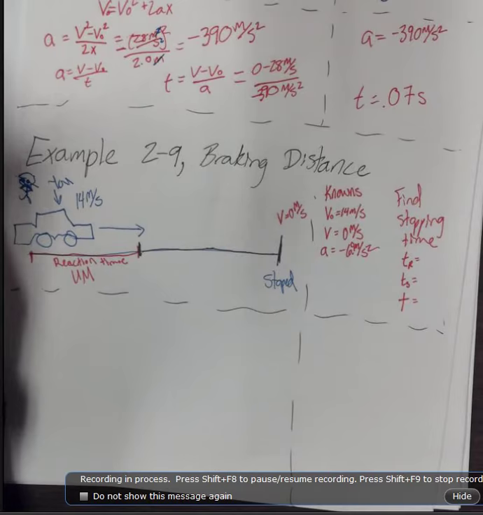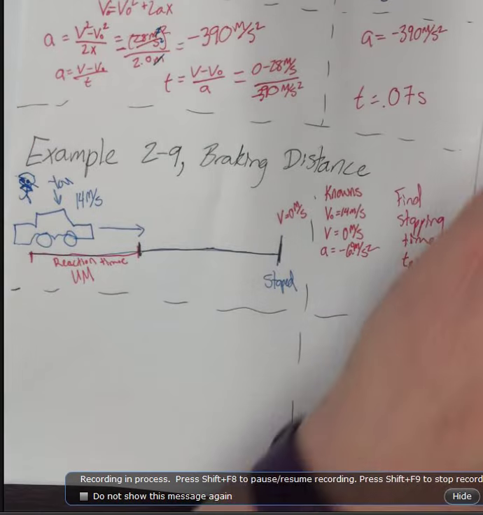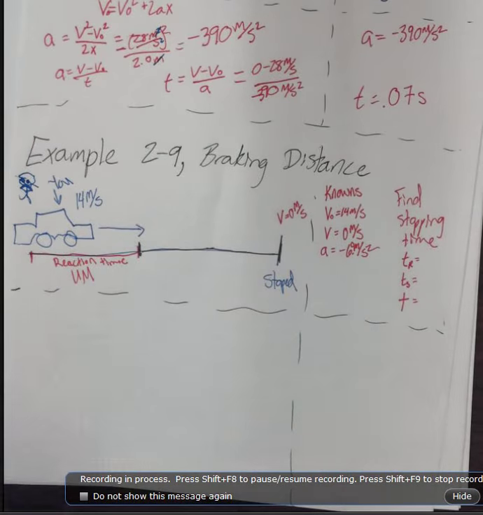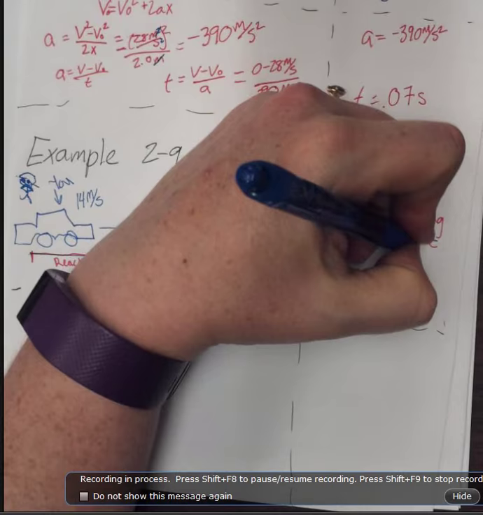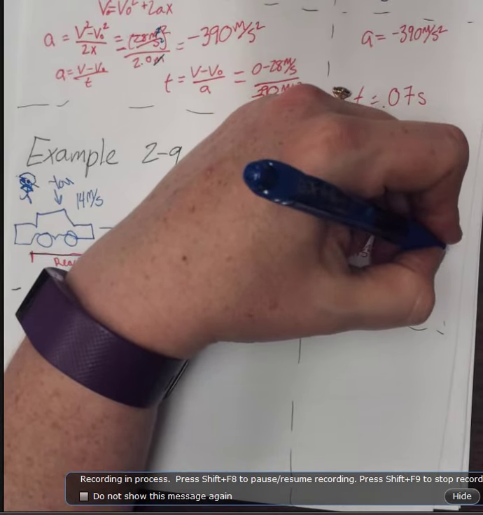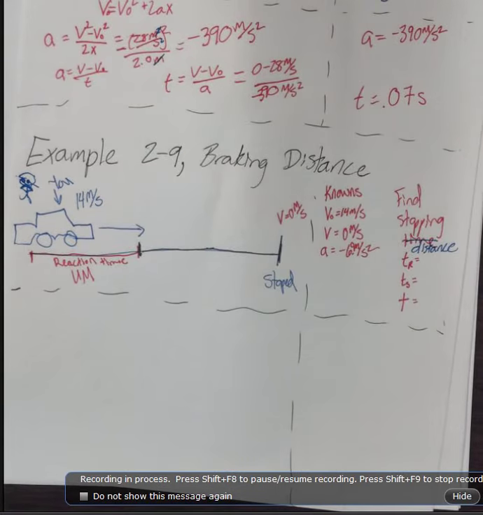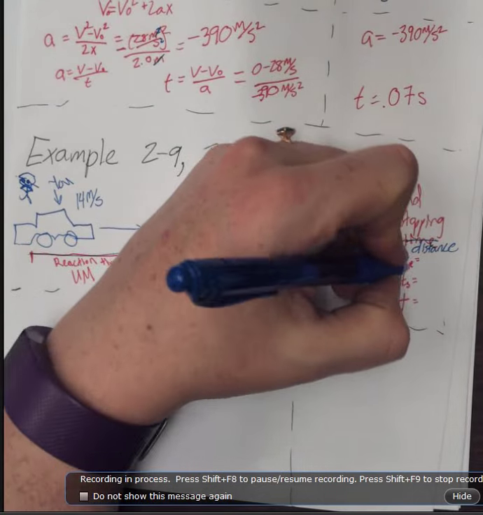We do not know our stopping distance, and so here I am wrong. We're not finding stopping time, we're finding stopping distance. So here's a really great example of where you need to read and reread the problem to make sure that you're finding the correct variables.